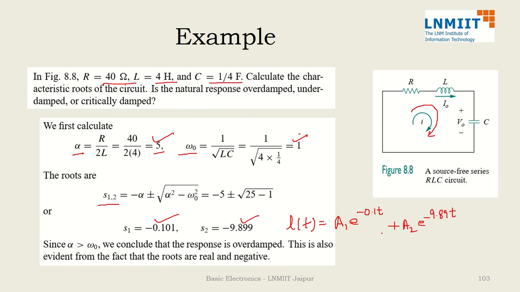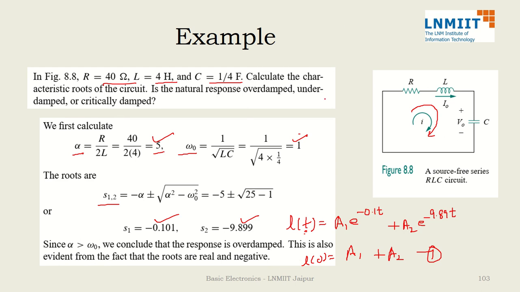Now look here. If I put t equal to 0, that means I of 0 is a1 e raised to power 0, which is 1, plus a2 e raised to power 0. So I get one equation in a1 and a2.